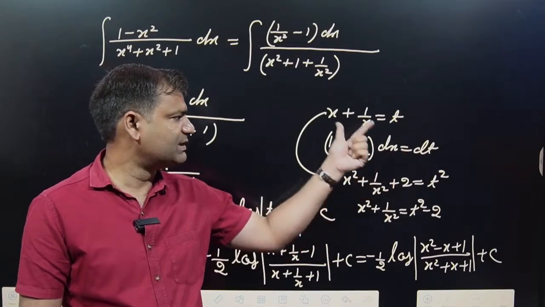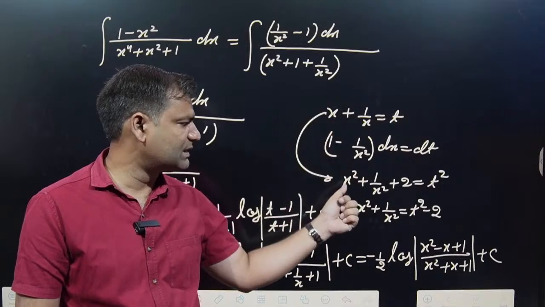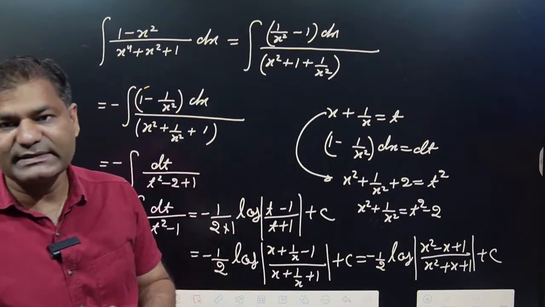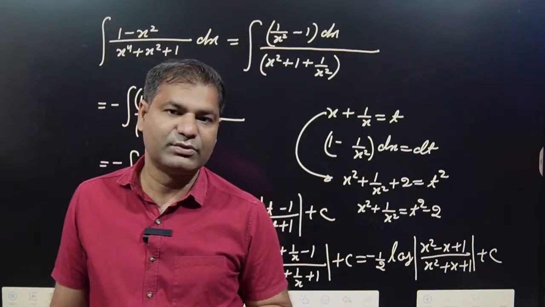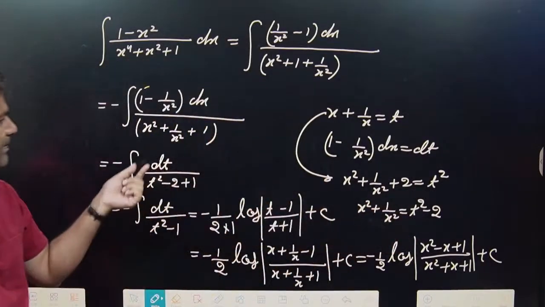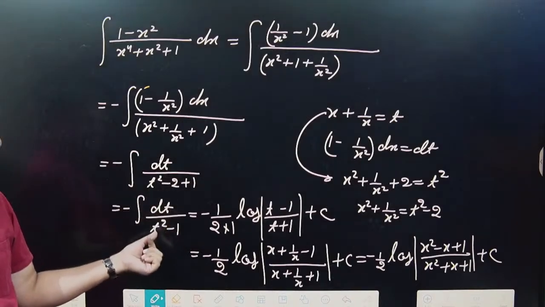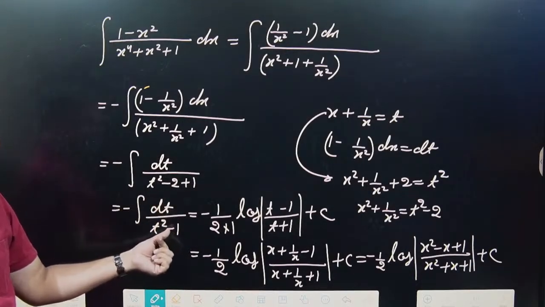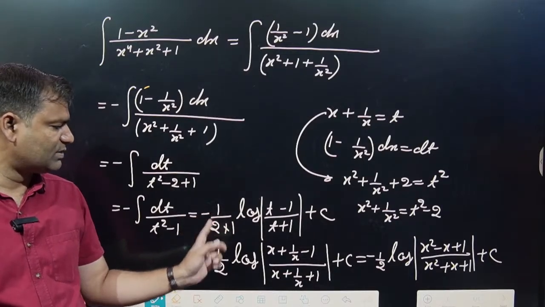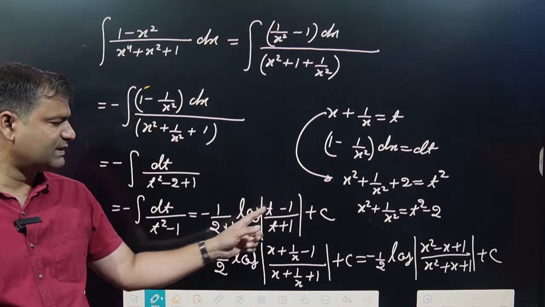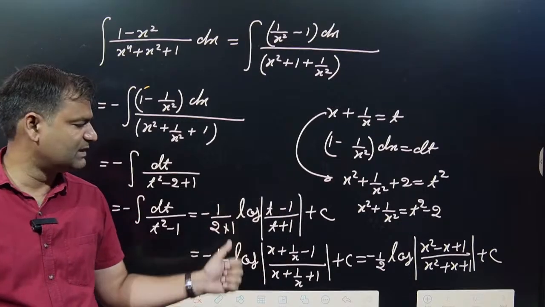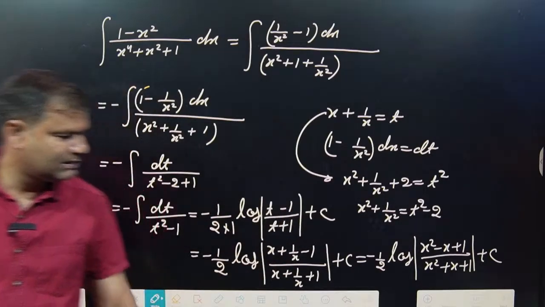So this is replaced by t and this is replaced by dt. Squaring both sides, we get x² + 1/x² + 2 equal to t². So x² + 1/x² equal to t² − 2. Now put this value here. Then we get t² − 1. Then after that apply the formula 1/(2a) into log of (t − a)/(t + a) plus c, t is basically x + 1/x, then we get the answer.